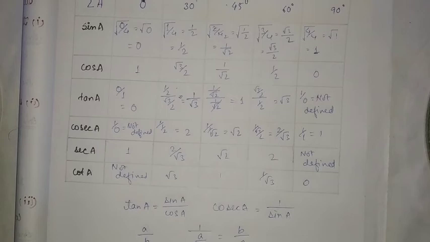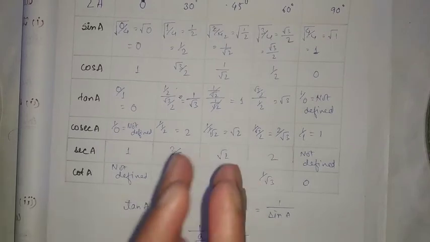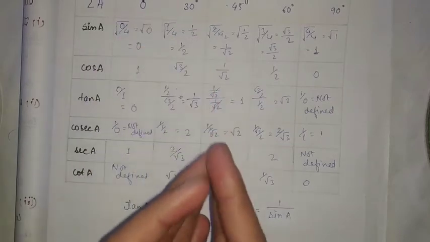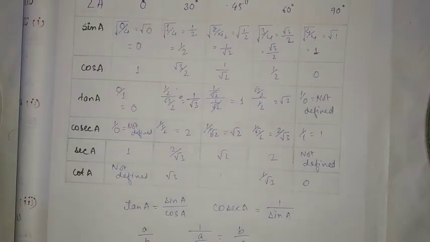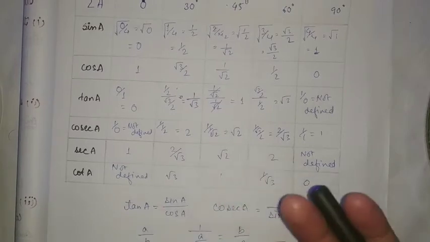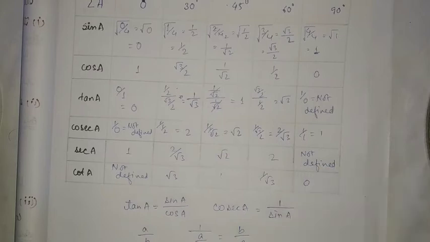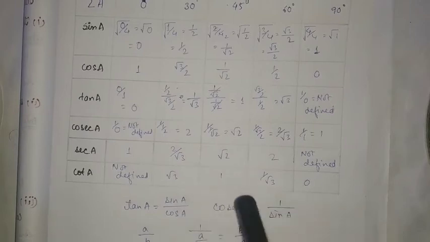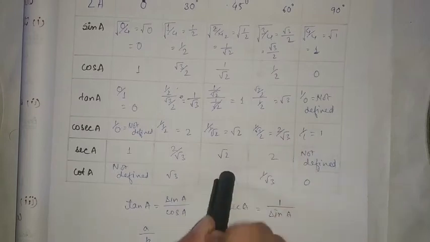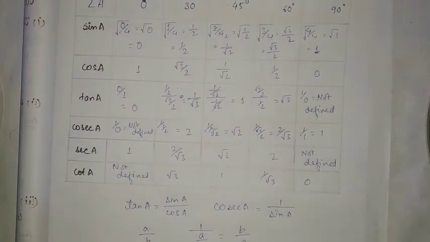What I personally request students is to practice how to make this table and solve various problems. If you solve problems using the table, it will just stay in your mind, just like ABCD. You don't memorize ABCD, it just sticks in your mind. The same happens with this table if we practice it again and again.